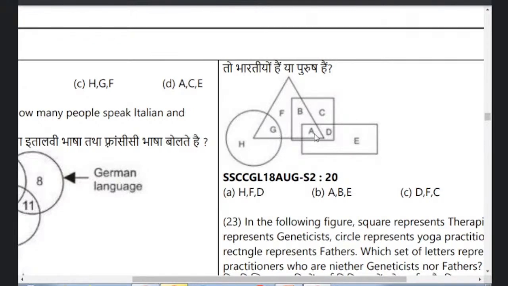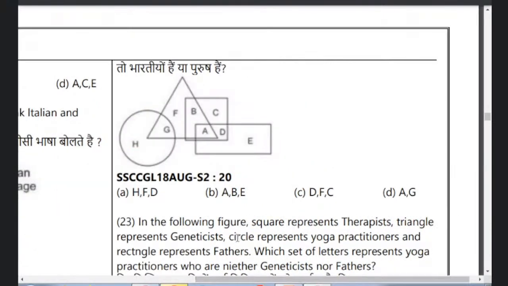So A and G. Option D is the correct option, because a person who lies in the rectangle but also lies in the circle or in the rectangle. So G, F, B, A lie in the rectangle.